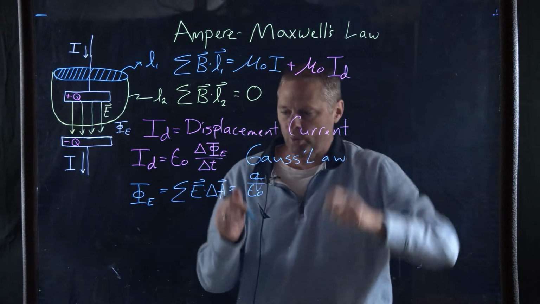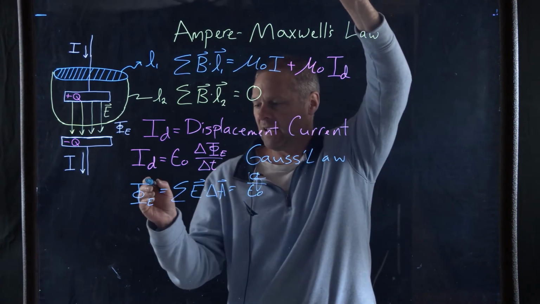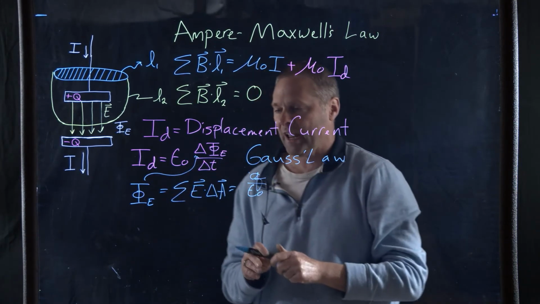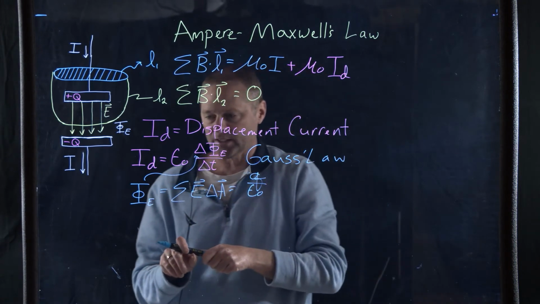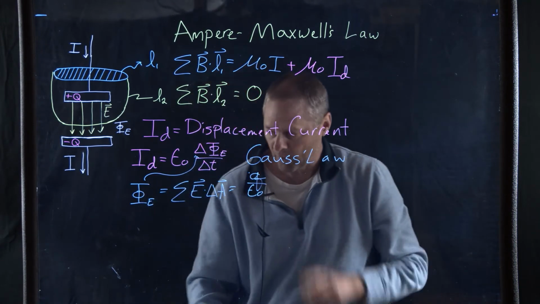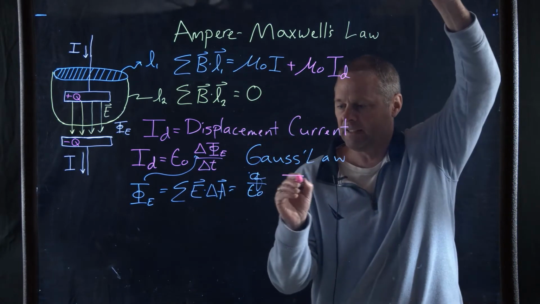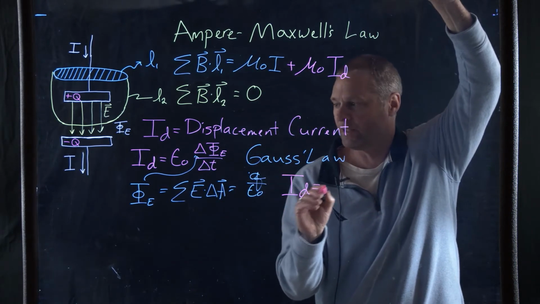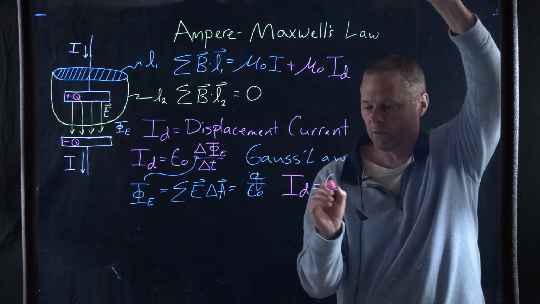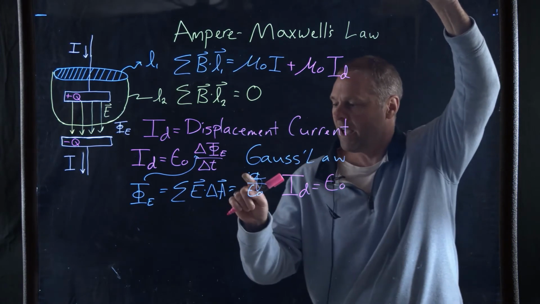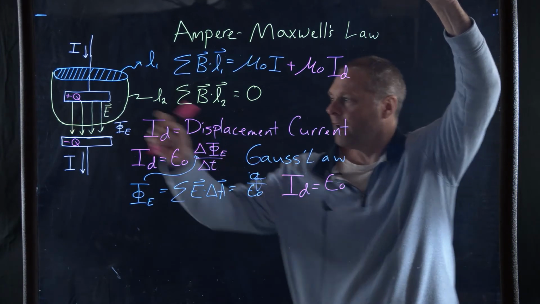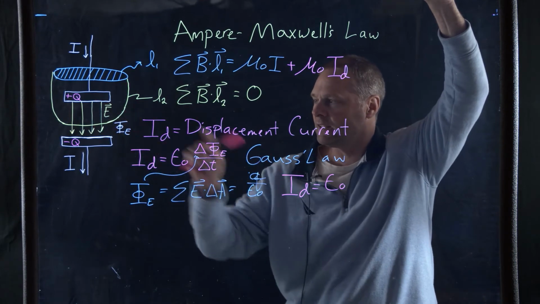Now, we can plug this into our change in the electric flux. Our I_D is going to be equal to the permittivity of free space times, what's going to change here is the charge.